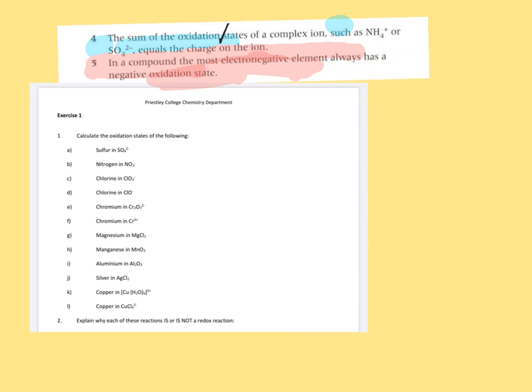Let's now look at example H, manganese in MnO2. This time there is no charge. It's a neutral compound, so the overall charge on the compound is 0. We're trying to find manganese, and it's combined with 2 oxygens.